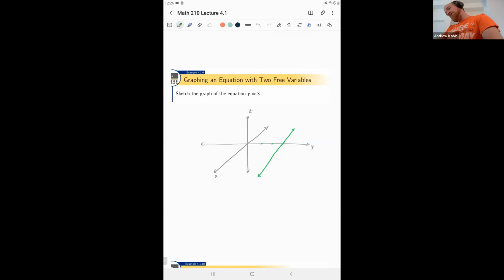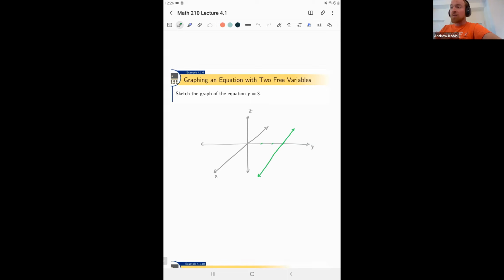Now here, our orientation has changed, so you can turn your head and you'll see it looks like a horizontal line in the x and y directions. In any case, it's a line that lives in the xy plane that has a constant y component of 3. But also, we have a z direction as well. If I walk 3 units in the y direction and let my x coordinate be anything I want, that describes this line.